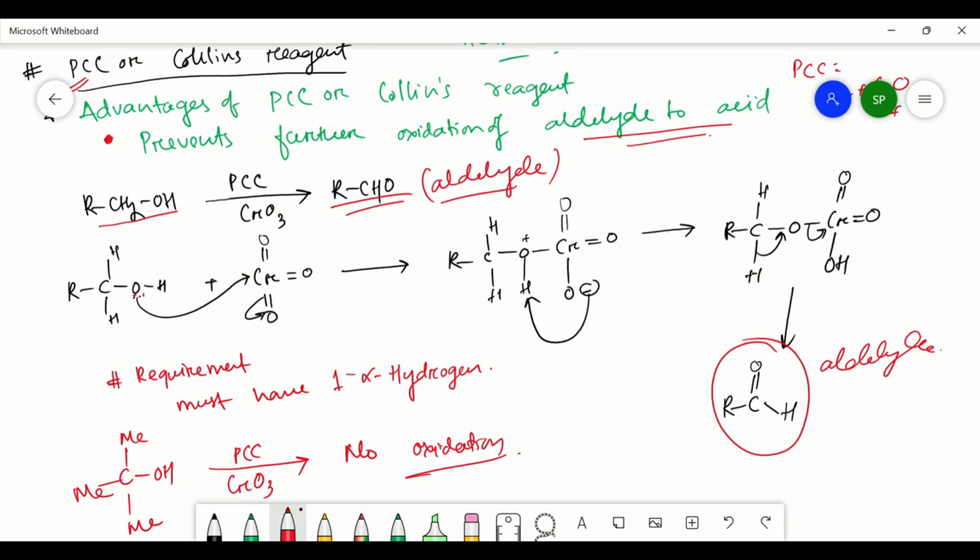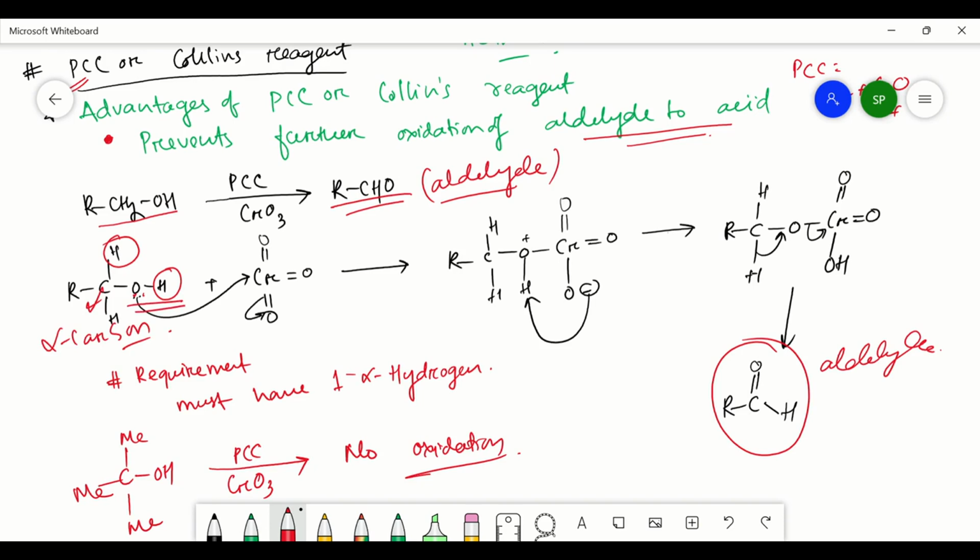For this oxidation, here we are removing one H from the alcohol and another H from the carbon atom, or we can say this is the alpha carbon. Alpha carbon means the carbon to which the OH group is directly attached.